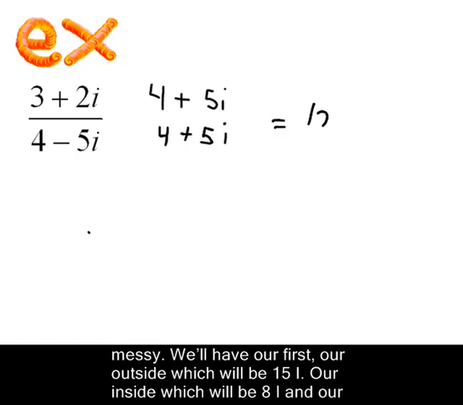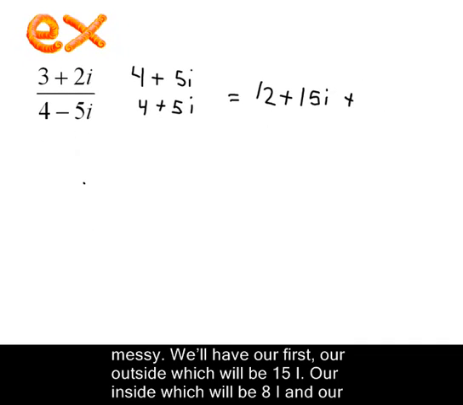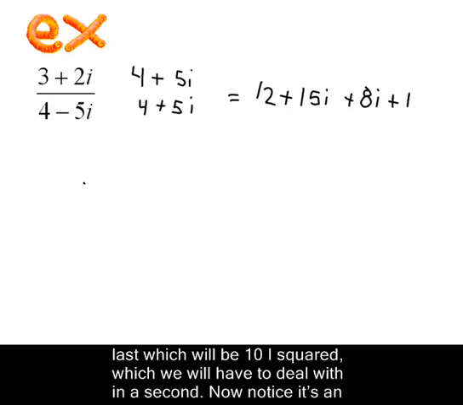We'll have our first, our outside, which will be 15i, our inside, which will be 8i, and our last, which will be 10i squared, which we'll have to deal with in a second.